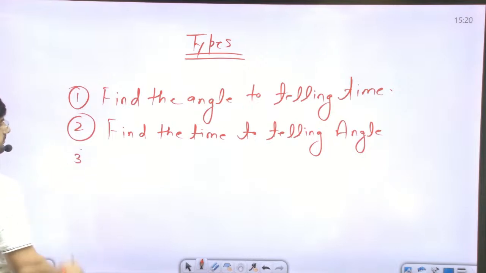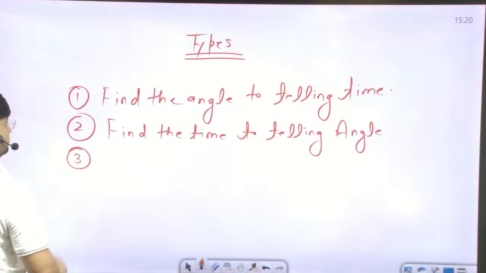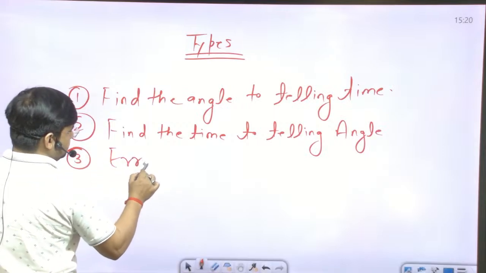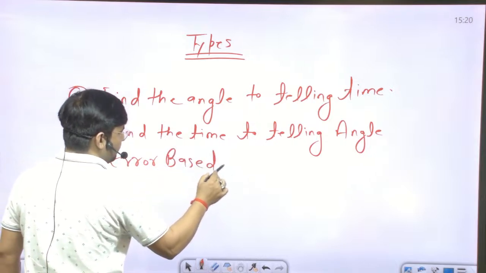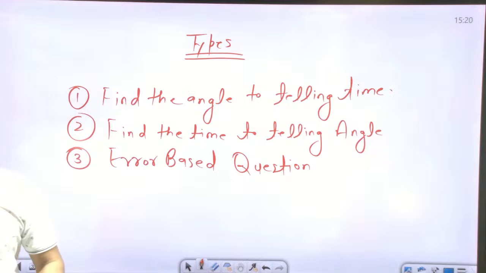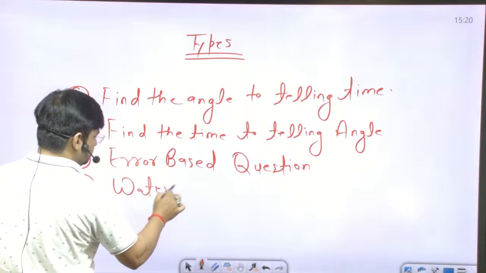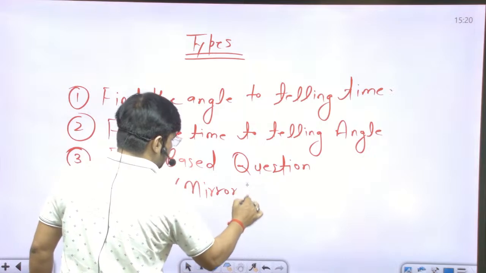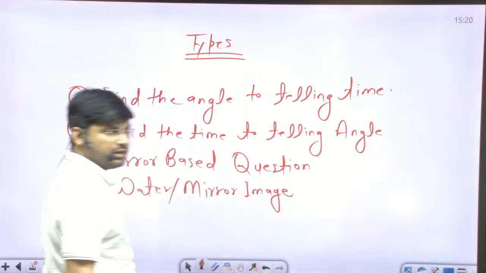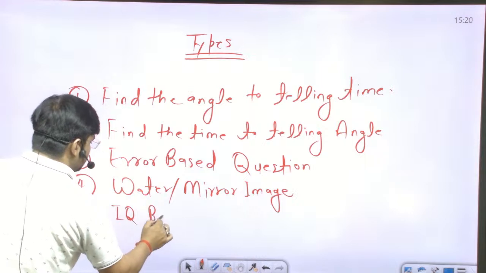And third one is error based questions. And fourth one is water and mirror image. And fifth one is IQ based questions.